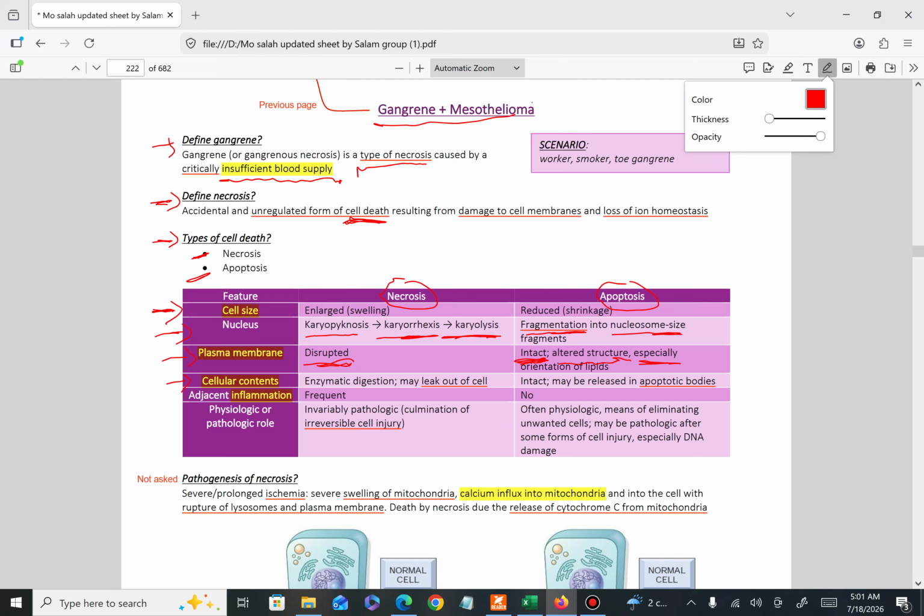In necrosis the contents undergo enzymatic digestion and may leak out of the cell, because the cell membrane is broken down. But in apoptosis the cellular components are intact, and may be released in apoptotic bodies.